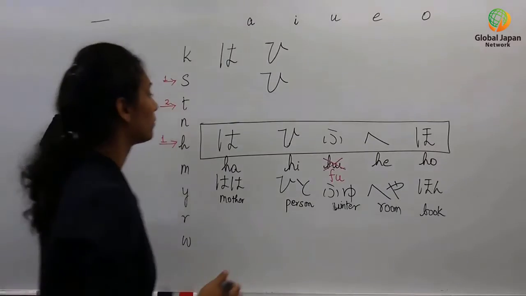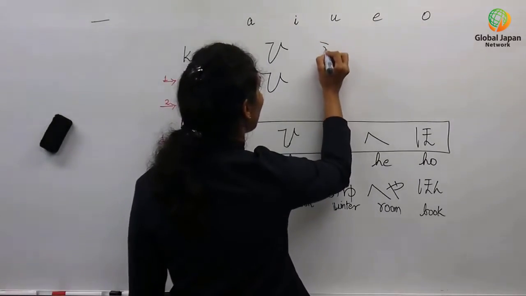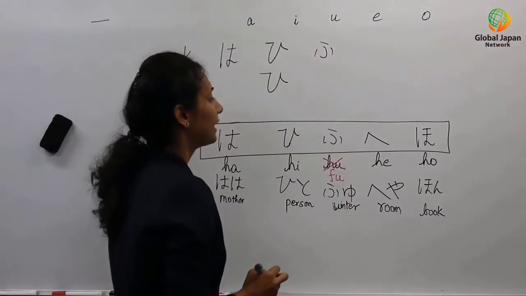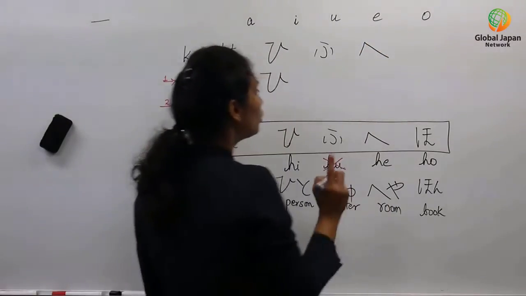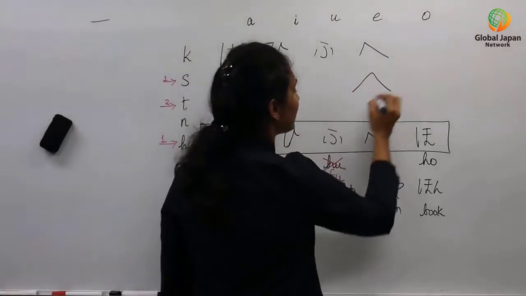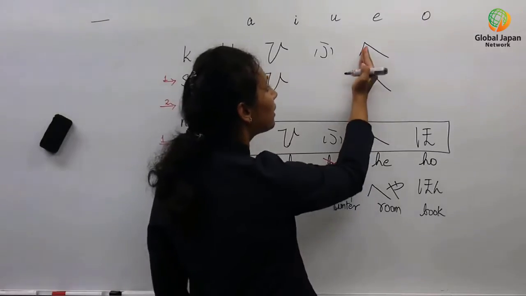Next one, fu. One line here, a C facing the side, and 2 lines. He is written this way. Note one thing about he, it's not drawn like a mountain.